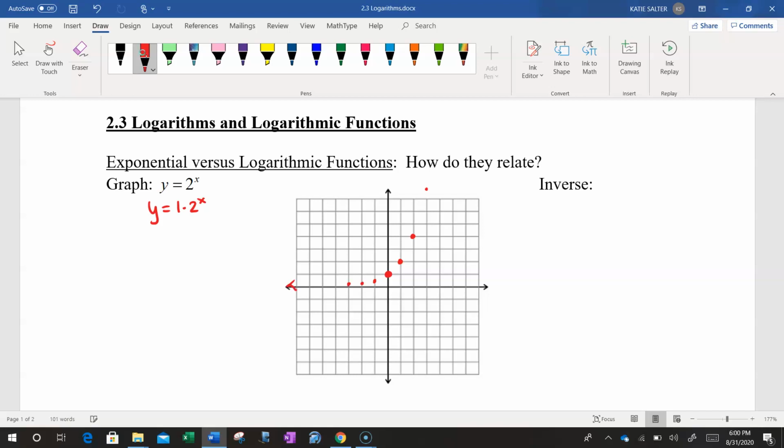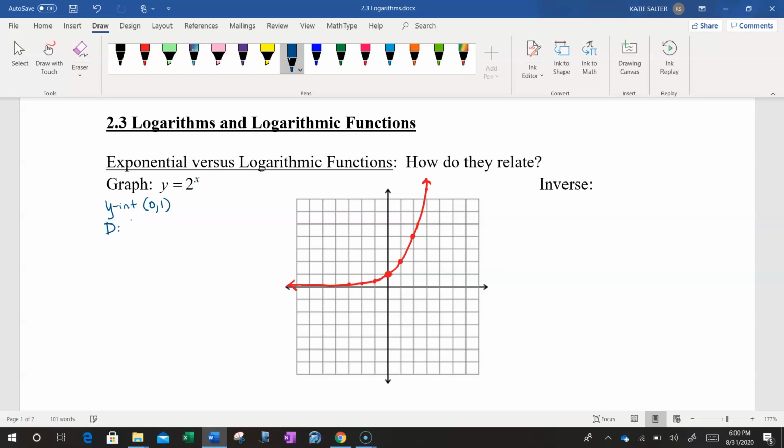We graphed this very basic function, y equals 2 to the x, a few lessons ago. We also graphed y equals 3 to the x and a few other functions. Let's talk about a few key features of this function. One is that it has a y-intercept at (0, 1). We wouldn't talk about the x-intercept because it doesn't have one.